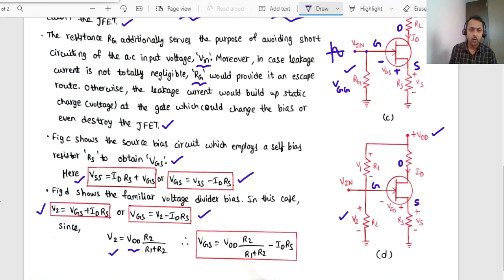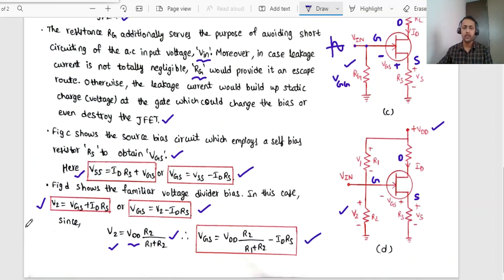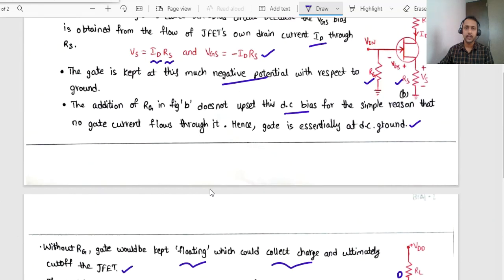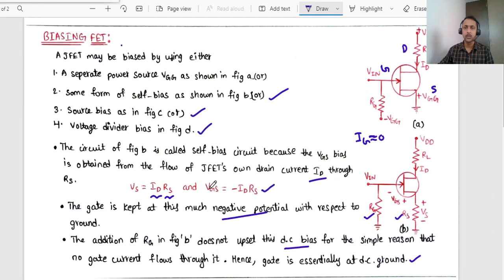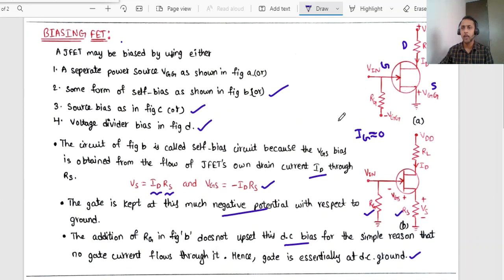Now VDD times R2 by R1 plus R2 is the value of V2. This is the voltage divider bias. So VGS is given by VDD times R2 by R1 plus R2 minus ID times RS. Like this, we are able to bias the JFET. The application of DC voltage in order to control or obtain the values of voltage and current is known as biasing.